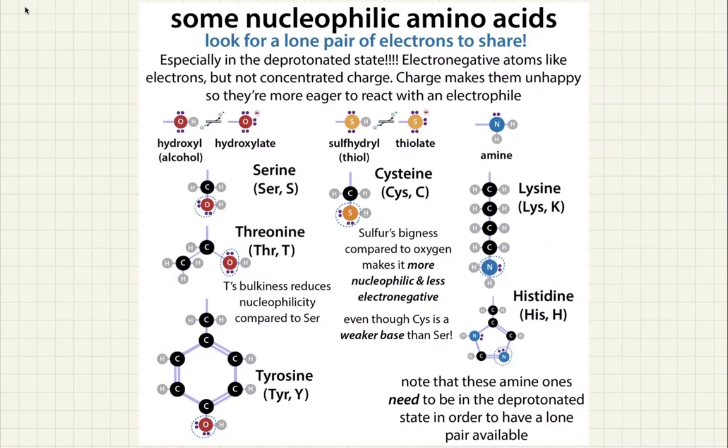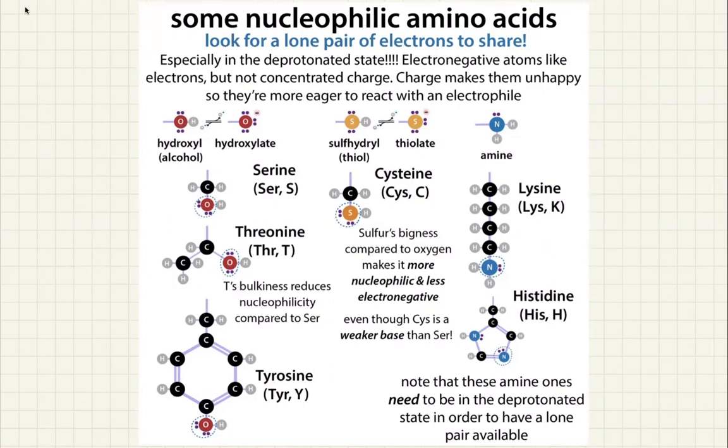These include hydroxyls or hydroxylates. Once they lose that proton, they're going to be a lot more nucleophilic because they're going to have that negative charge. We'll talk more in a minute about nucleophilicity trends and electronegativity trends.